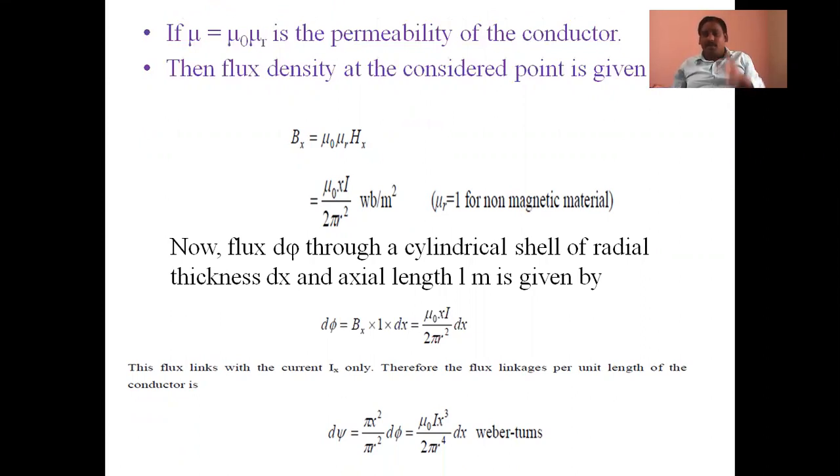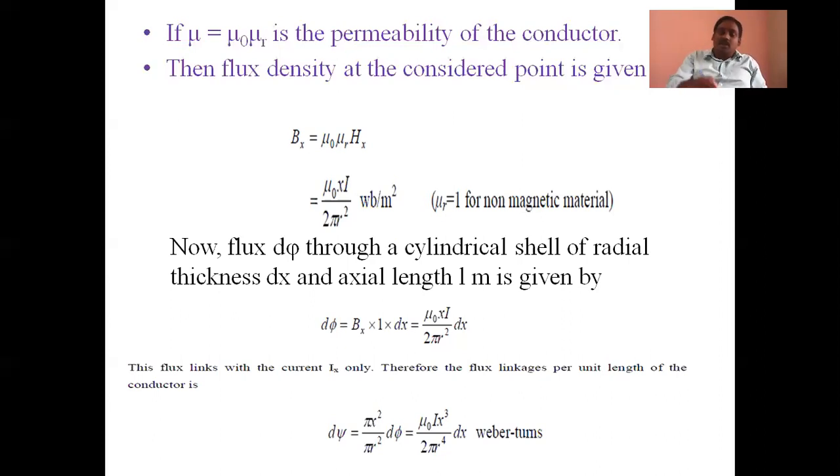You have to calculate the differential radius. That's why πx² by πr² is nothing but the number of turns information. dφ is the differential flux linking with the number of turns. Totally, πx² by πr² into dφ means differential flux linkages.